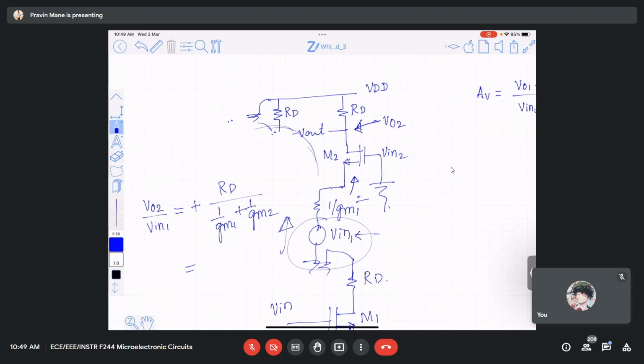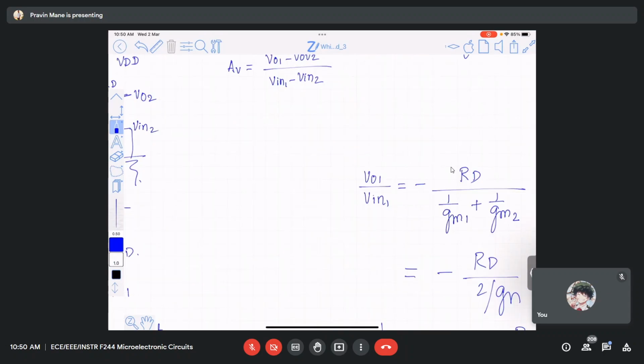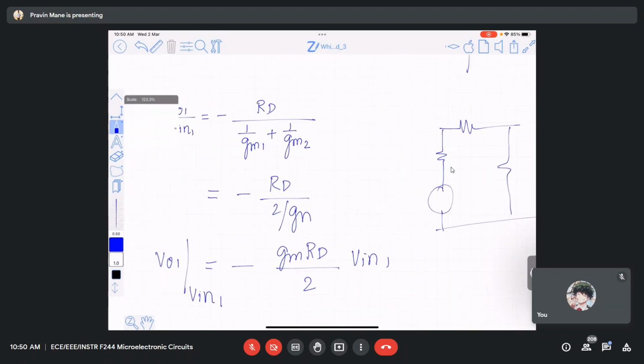How much is the value? Plus GMRD upon 2. So VO2 is equal to GMRD divided by 2 into V in 1. So you should understand now.